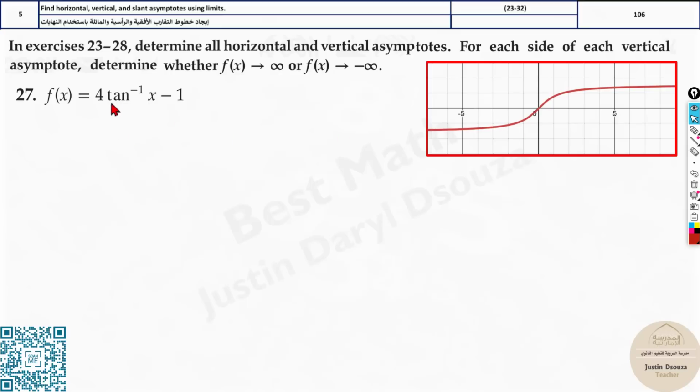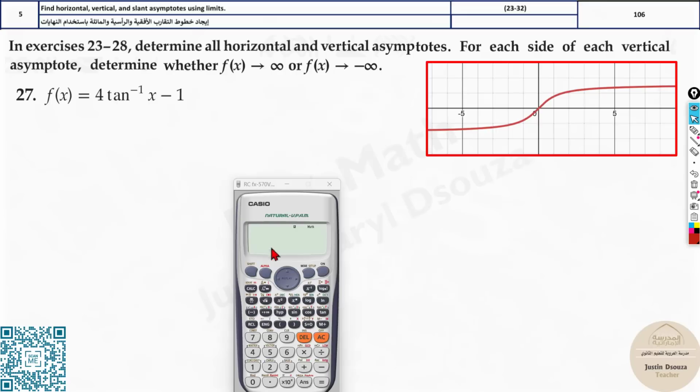Where does it end? Just take the limit to infinity and then minus infinity. So we will directly do it in the calculator. Let's type it out over here. 4 tan inverse, that's shift and tan, alpha x, close the bracket, minus 1. Here, remember you have to press shift, mode and 4 if it's not already in radian.